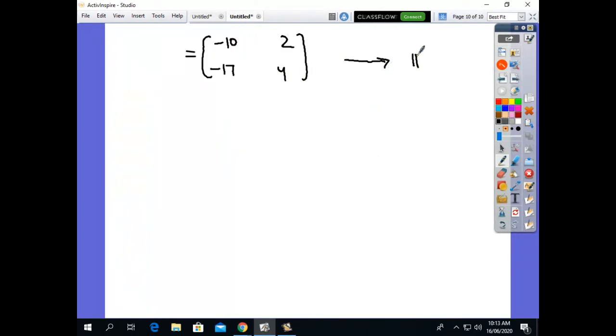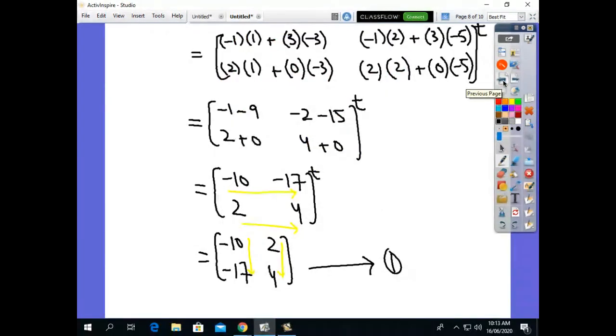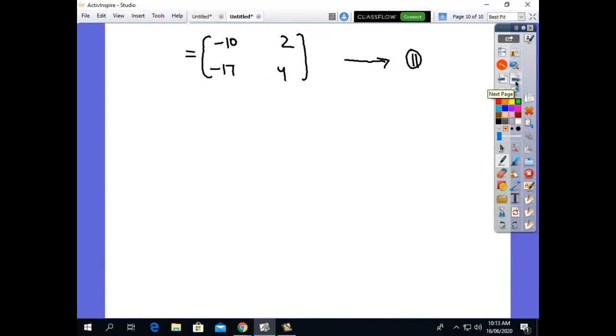Here from 1 and 2, we see that matrix 1 is -10, 2, -17, and 4. And equation 2 is -10, 2, -17, and 4.